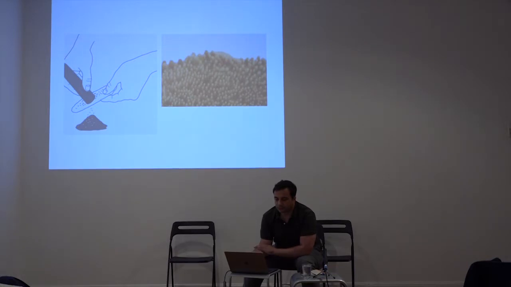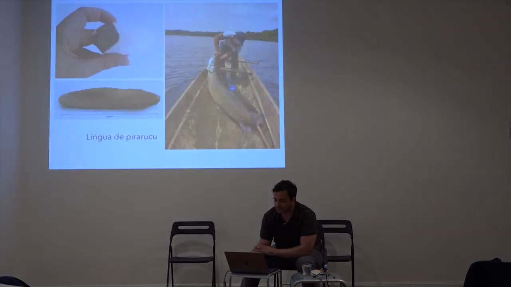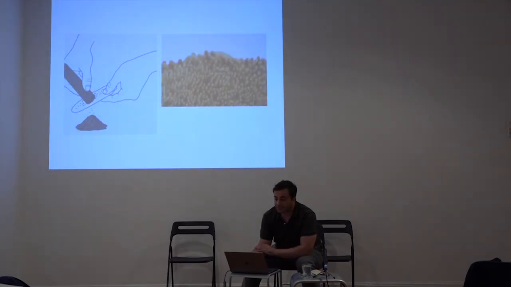The piraku tongue is the tongue of a giant river fish, an animal that can reach 250 kilograms in weight and 3 meters in length. Disembodied from the original creature it once served, this bony tongue dries up to become an instrument.